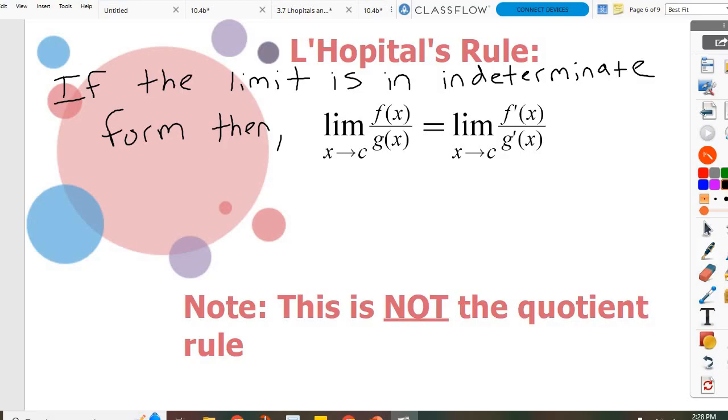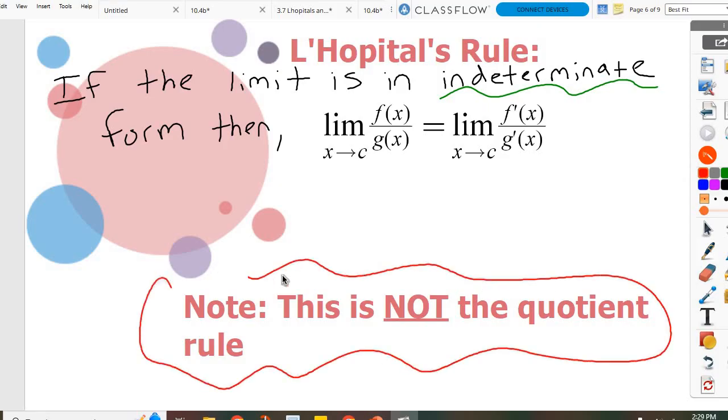Now that first part is important. It does have to be in indeterminate form, so we can't just use it willy-nilly because we feel like it. If we can direct substitute, then we need to do that first. The other big thing, which I noted earlier, is that this is not our quotient rule. I am not trying to find a derivative here. What are we trying to find? A limit. So this is an application of a derivative.